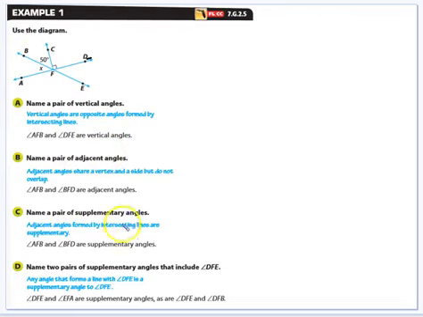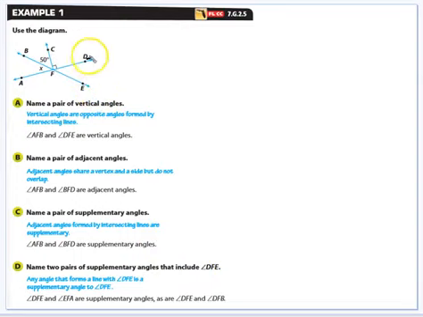Name a pair of supplementary angles, okay? AFB, BFD. Adjacent angles are most likely, but not always, supplementary angles, okay? Name 2 pairs of supplementary angles that include DFE. Okay, so I've got DFE and AFE.